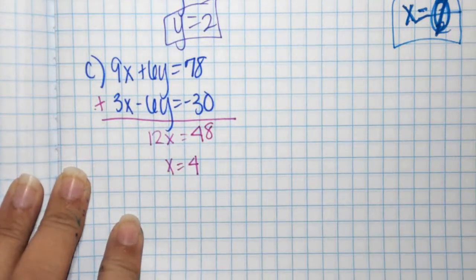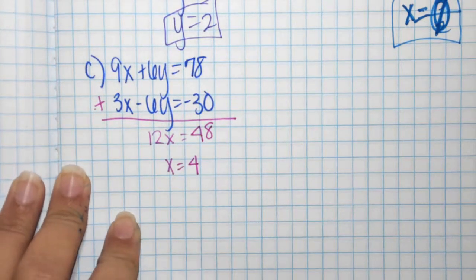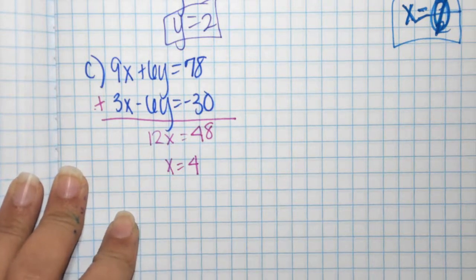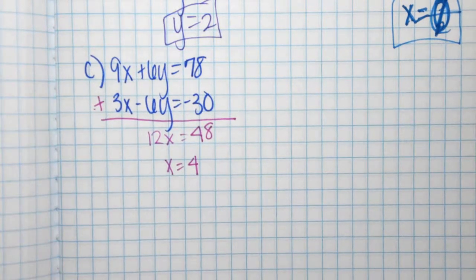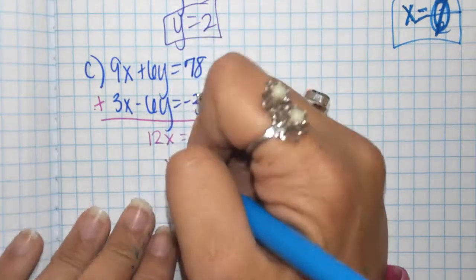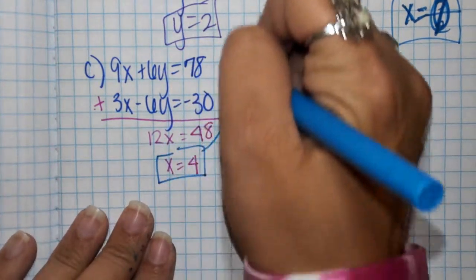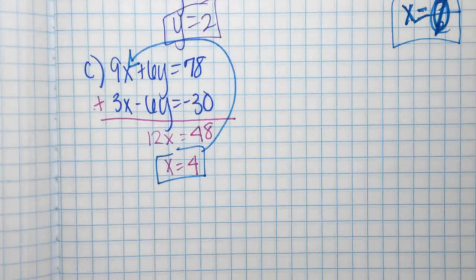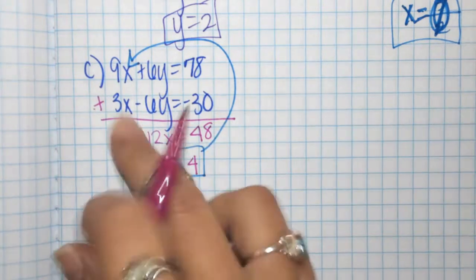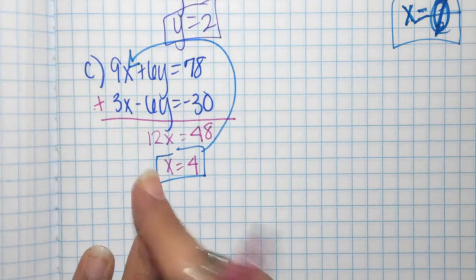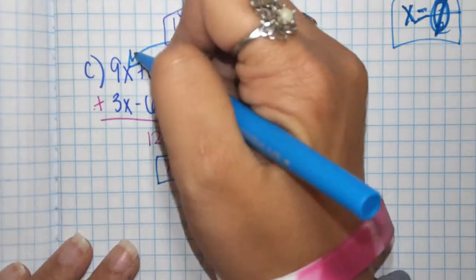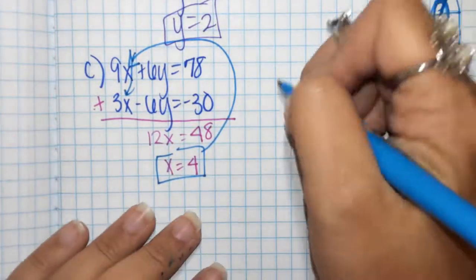Everybody needs to be following along on the board and not packing up. Now, we take this and we plug it in right here, correct? You could have plugged it into the other one. Okay, I'm going to change my tactic and plug it in right here.